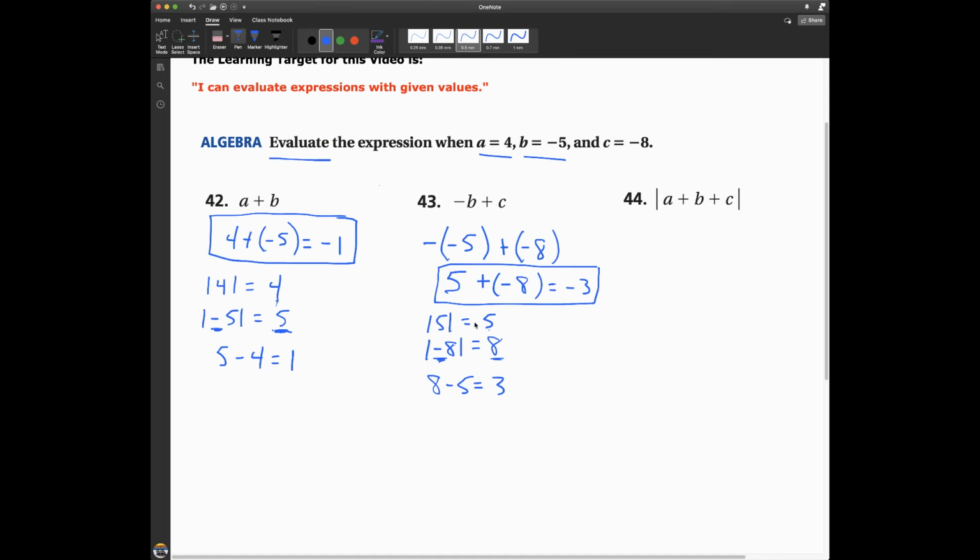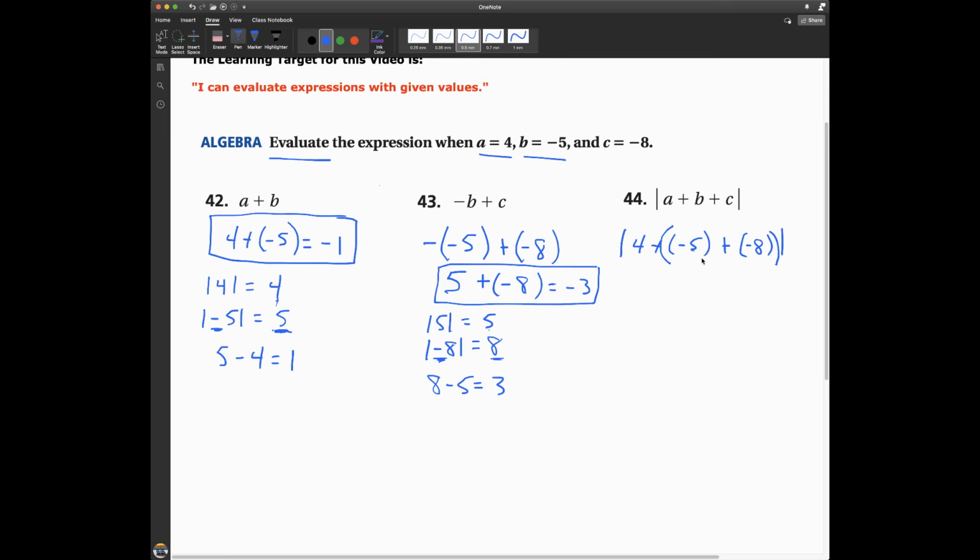All right, one more problem. Absolute value of A plus B plus C. So this means I need to look at the absolute value of 4 plus -5 plus -8. I made a previous video where we looked at how to add three integers together. So inside the absolute value, I'm going to use the associative property.